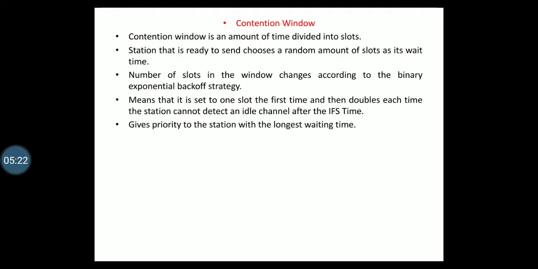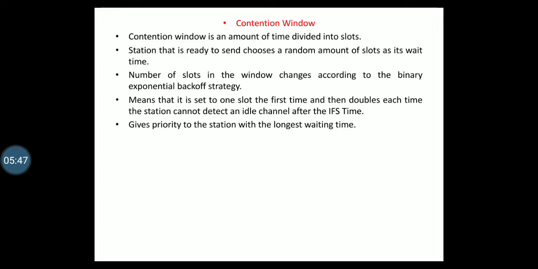An interesting point about the contention window is that the station needs to sense the channel after each time slot. However, if the station finds the channel busy, the process is not restarted. It just stops the timer and restarts it when the channel is sensed as idle. This gives priority to the station with the longest waiting time.